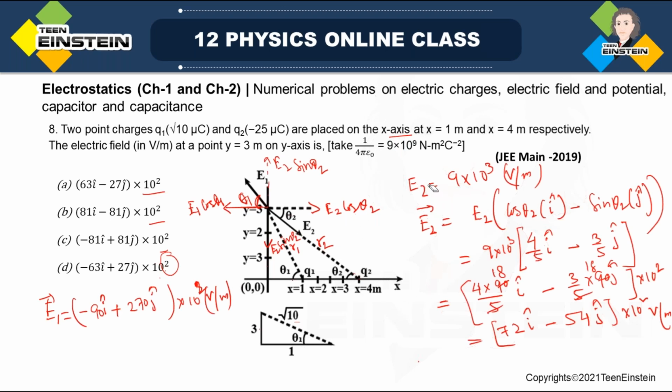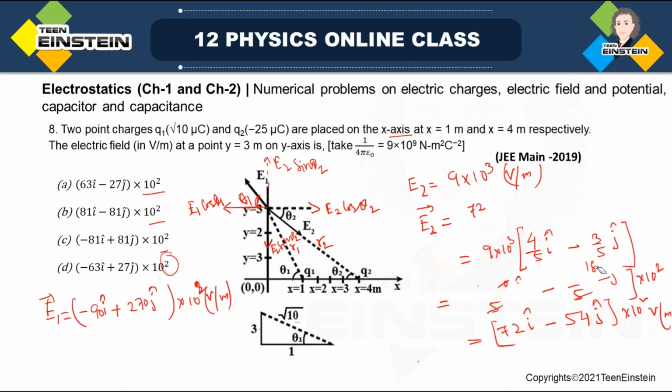So let me write it here. What is E2? I'll write it here, and E1 also side by side. Okay, so here it is 20, 32. It seems there is some problem. Okay, so what I'll do, I'll just keep it here itself. Let us not worry about the final calculation.